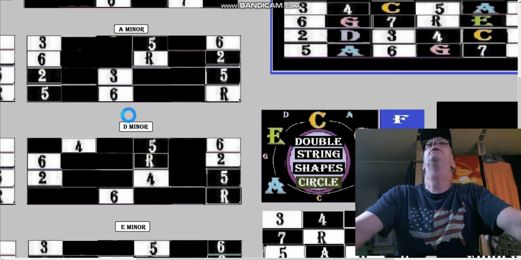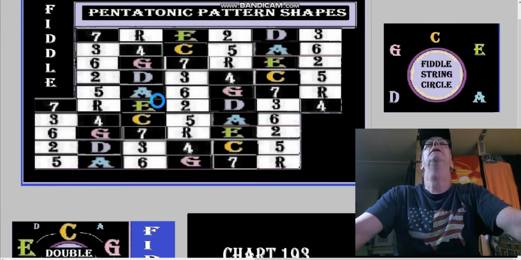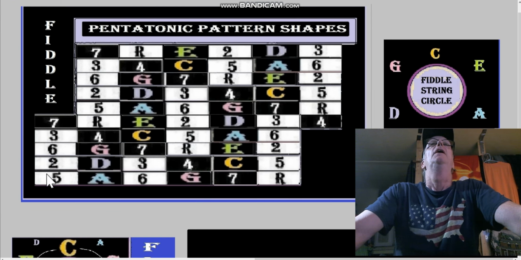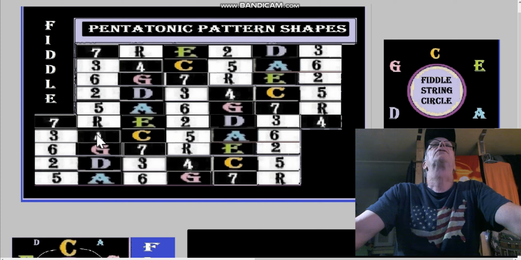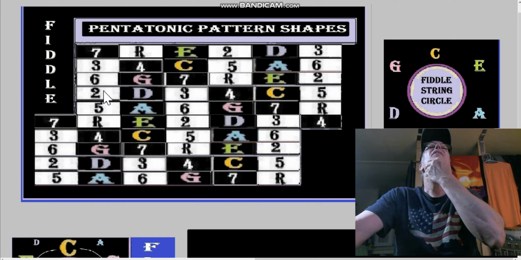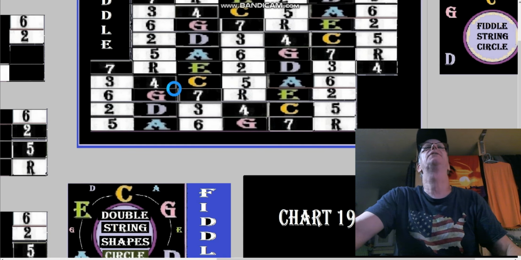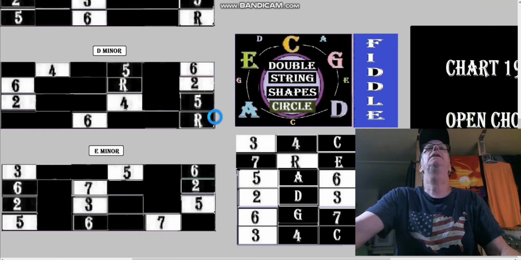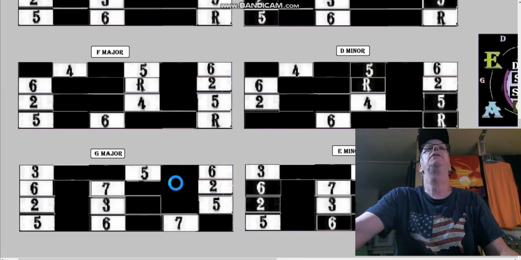We don't want to miss out on this. In pentatonic, how is it that we've got 5, 6, 2, and then 3 there? That's interesting. For the G, that's just how the G works out.